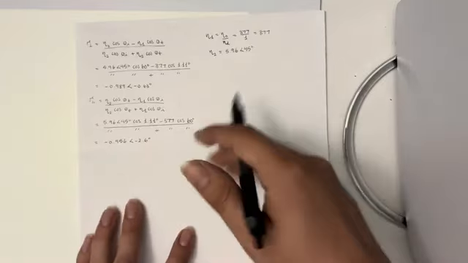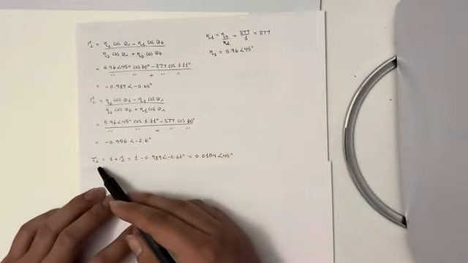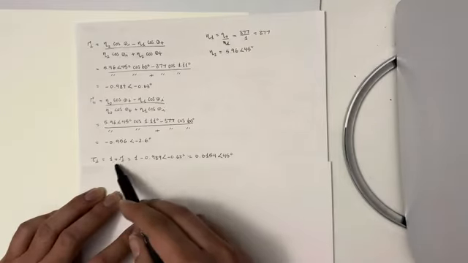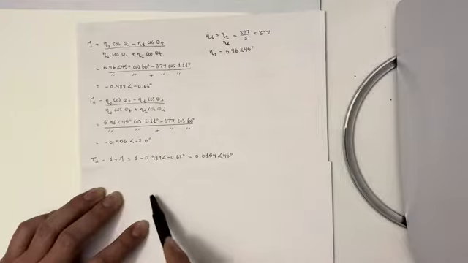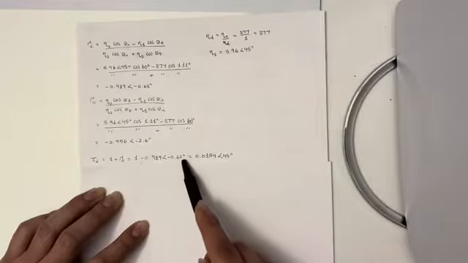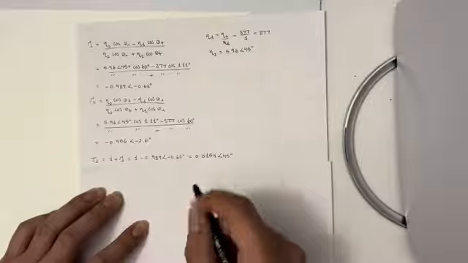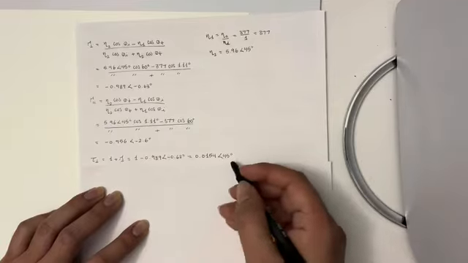And so the transmitted perpendicular coefficient is 1 plus the reflection perpendicular coefficient, which we solved right here. We add them together and we get a number of 0.0154 with a phase shift of 45 degrees.